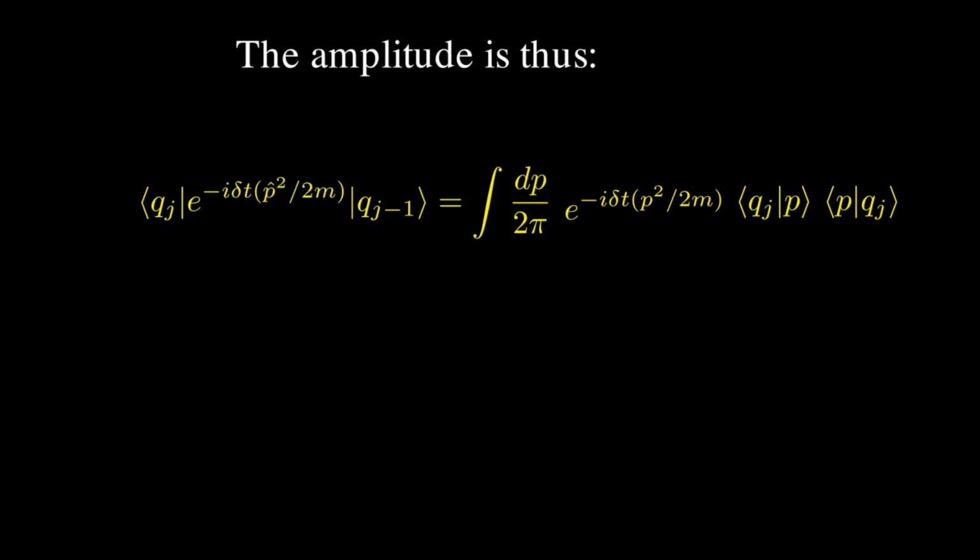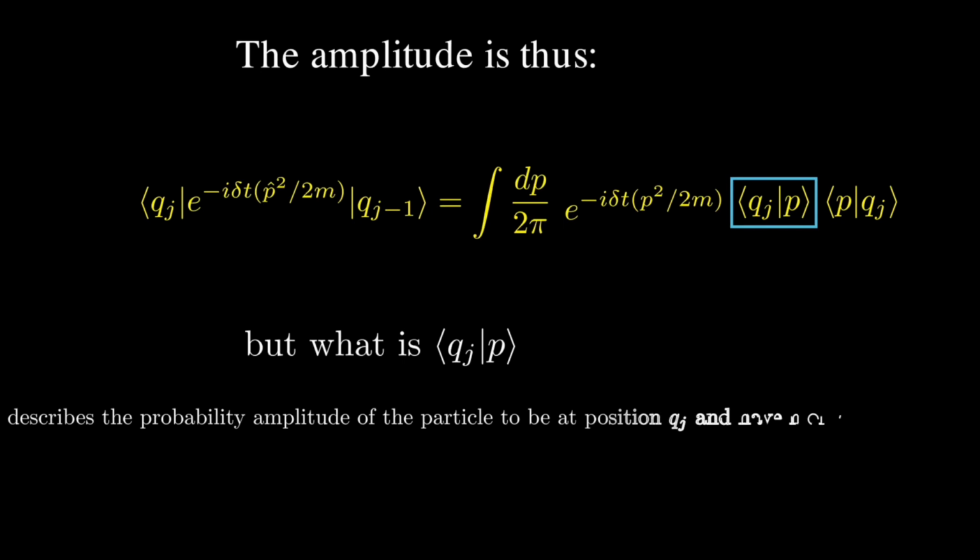But what is the inner product between a position state and a momentum state? So let's remember the wave-particle duality. If we project our position state over momentum state, we know that particles in quantum mechanics behave as waves. Thus, this expression will be just a plane wave for a free particle.